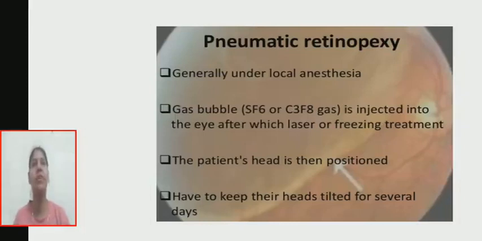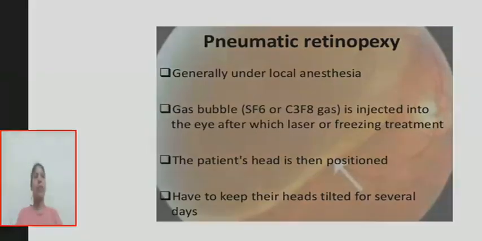SF6 is sulfur hexafluoride and C3F8 is perfluoropropane. The gas is injected into the eye, after which laser or freezing treatment is done. The patient's head is then positioned, and they have to keep their head tilted for several days.